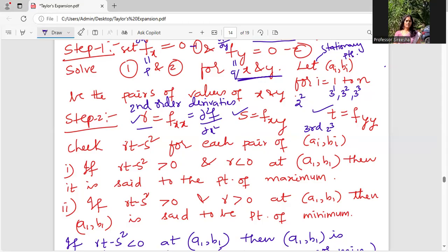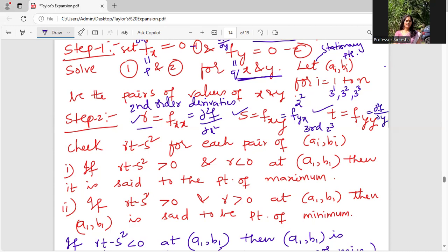After p and q, I have R, S and T. Now fxy would be same as fyx. In the majority of cases, fxy and fyx are both the same, so instead of taking 2, I take 1 and square it. Now t would be the second derivative of f with respect to y.